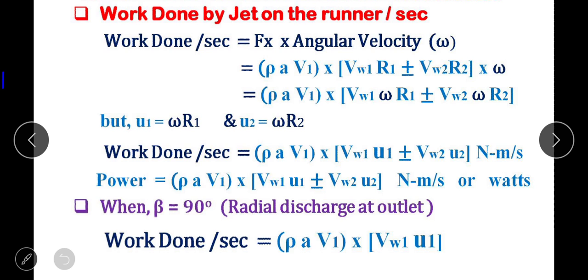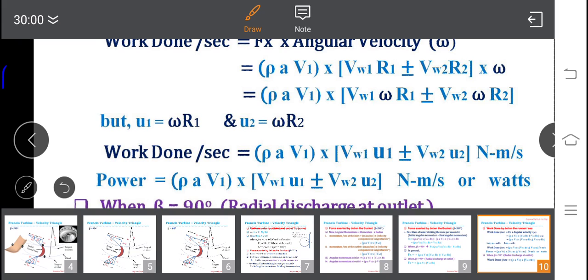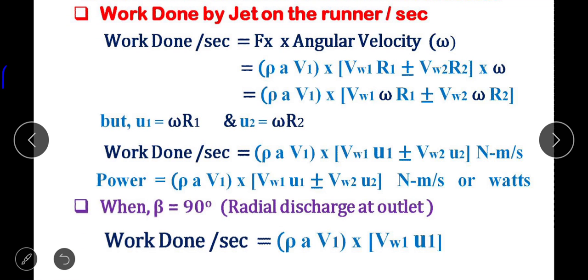But we know u1, velocity of plate, u1 is equal to omega r1 and u2 is equal to omega r2.